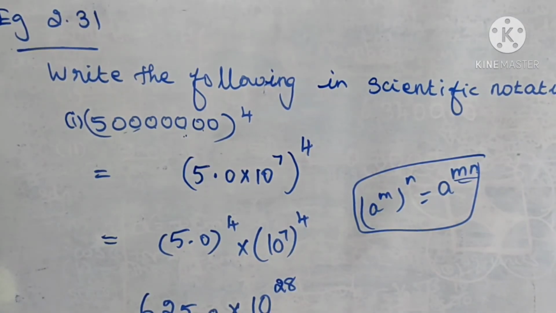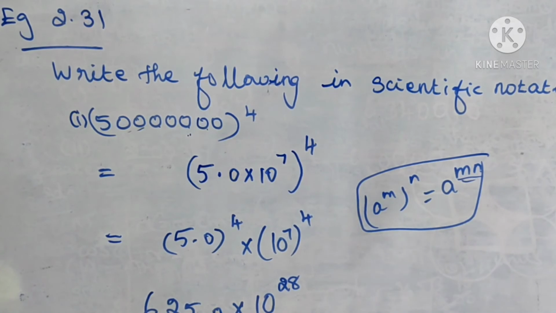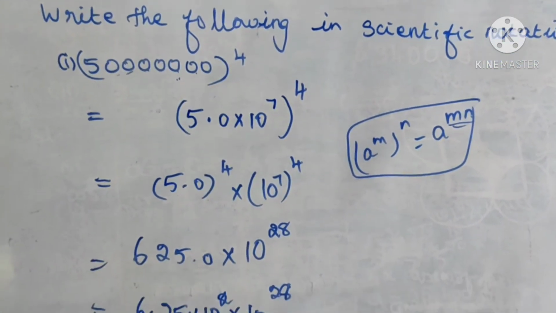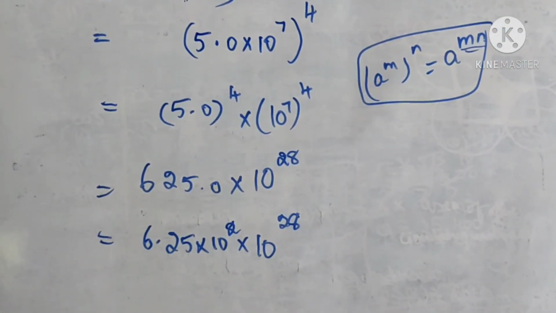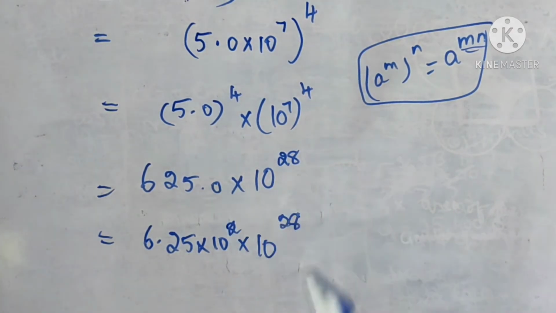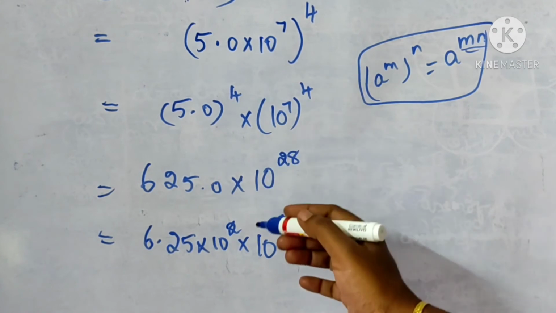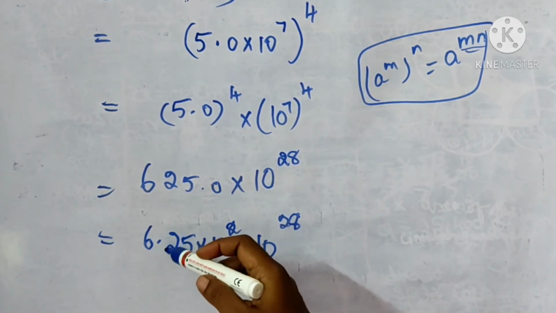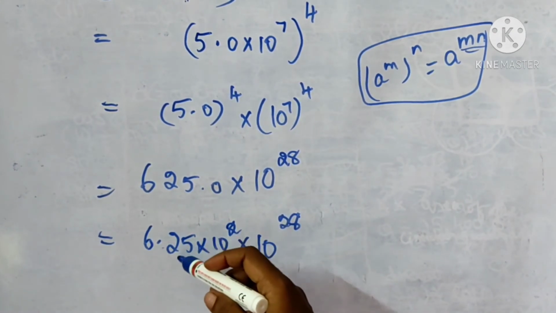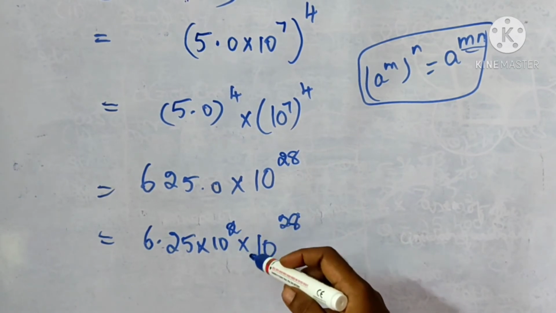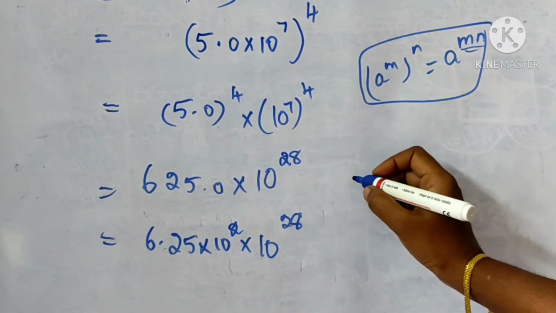So 10 power 7 the whole power 4 gives 10 power 28. 5.0 the whole power 4 is 625. Again we can write 625 in scientific notation: 6.25 into 10 square, into 10 power 28.